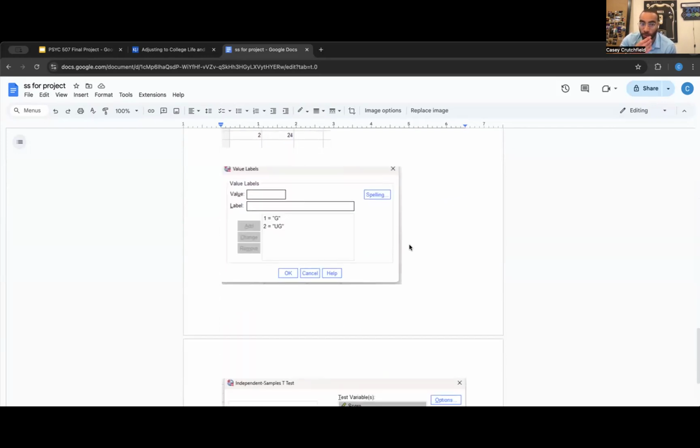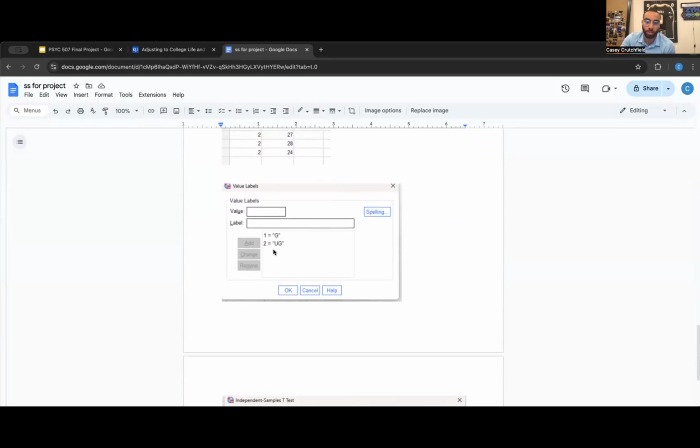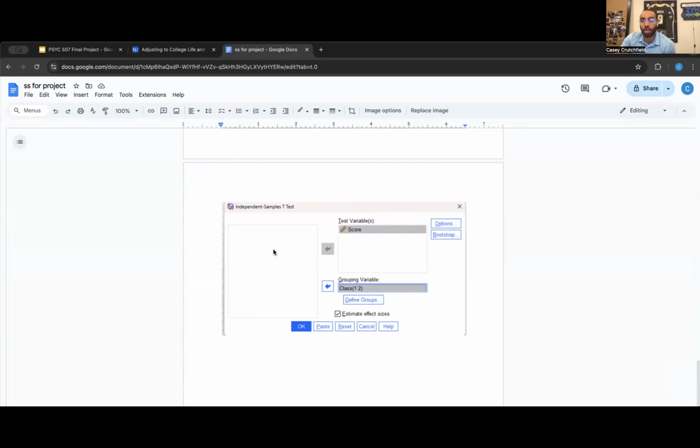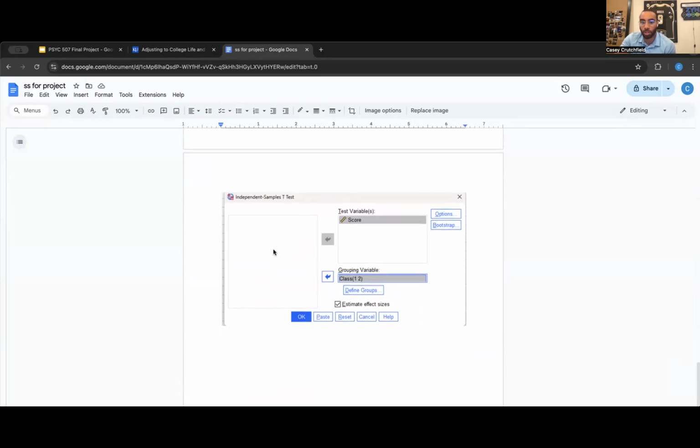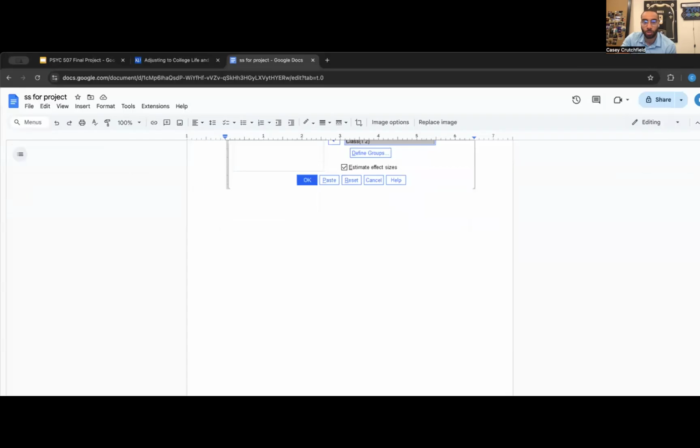From there, I went to value labels to show the one standing for grad and the two standing for undergrad. Then I did an independent samples t-test and set it up like this and pressed OK, and it gave me my results, which I will now share with you.